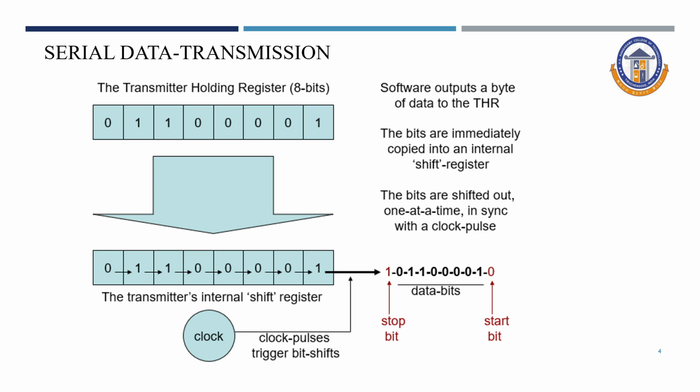This 8 bits of data is immediately copied to the internal shift register. This shift register pops out 1 bit at each clock pulse trigger. So the 8 bits of data are popped out, one for each and every clock pulse triggered from the internal shift register.